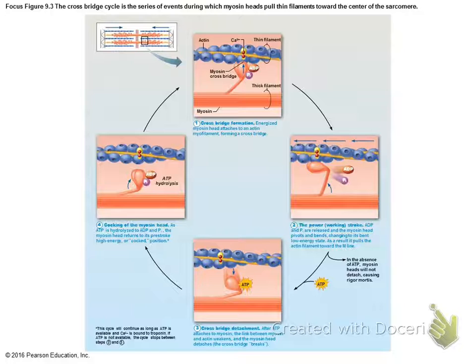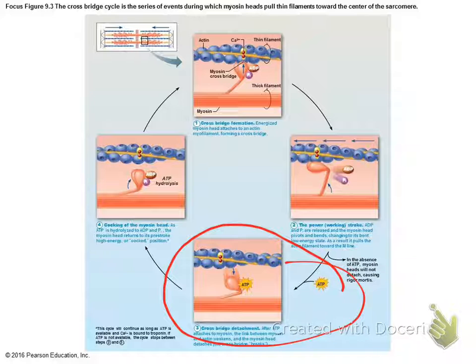You need to know when the head releases the ADP and phosphate group. And honestly, I think one of the hardest things to remember here is the fact that the ATP itself isn't actually what's allowing the myosin head to interact with actin. It's counterintuitive. ATP has to come in to force the release.